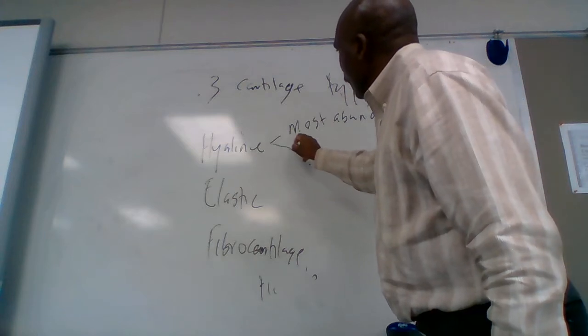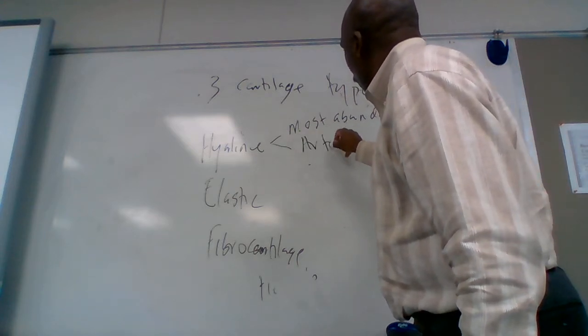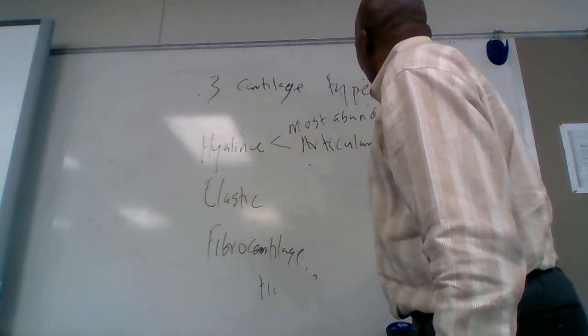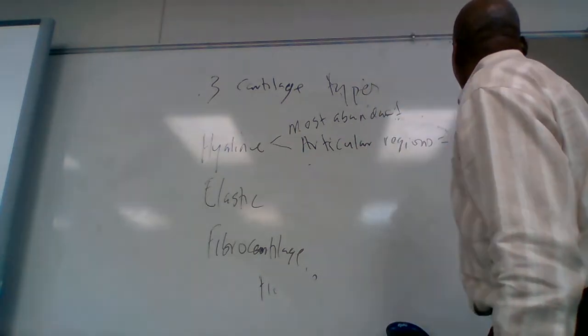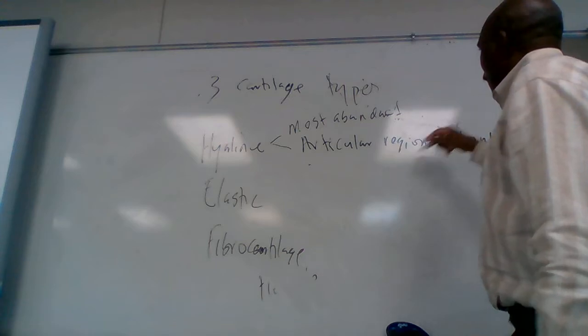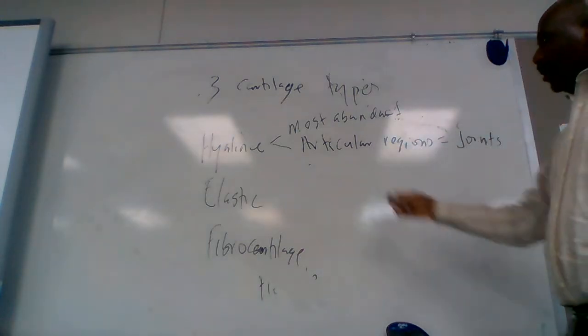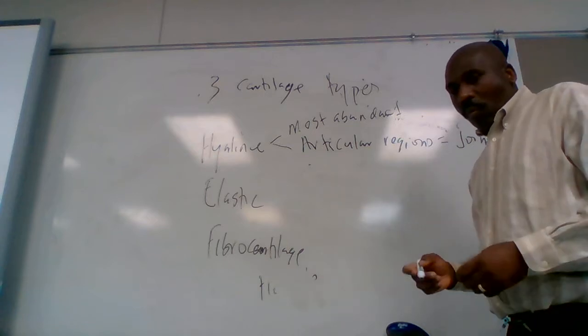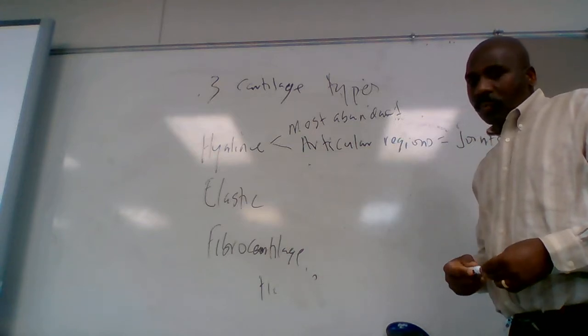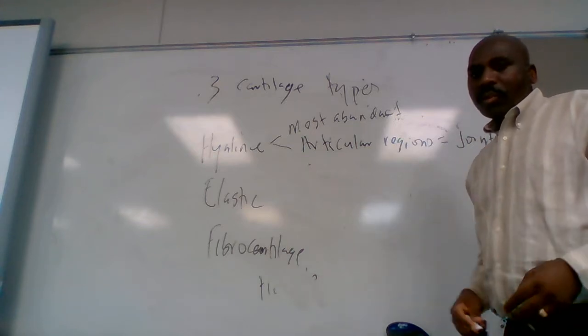You'll find it in articular regions. We use the word articular here to represent joints. In other words, parts of the body where flexibility is required, or specifically where two or more bones meet.